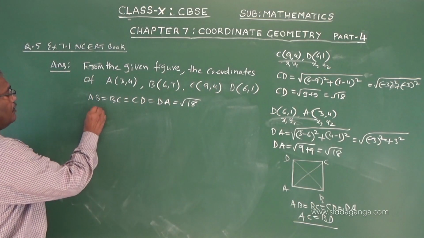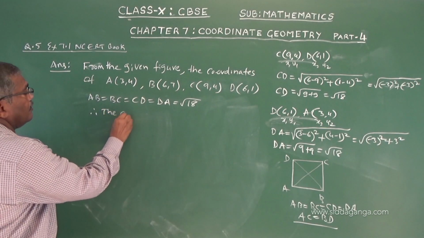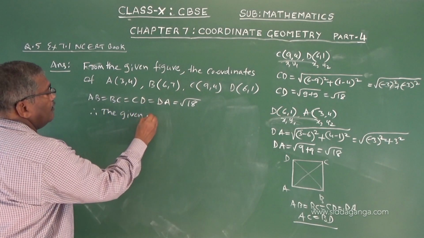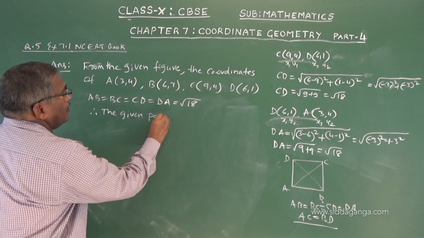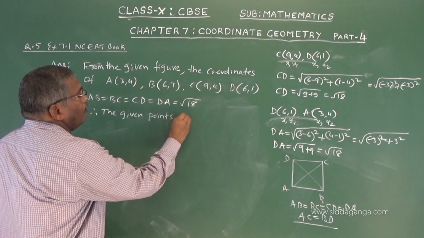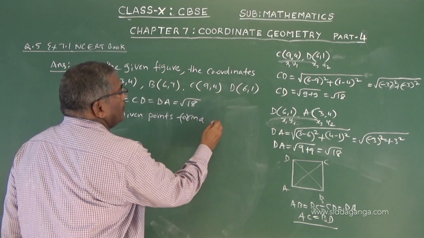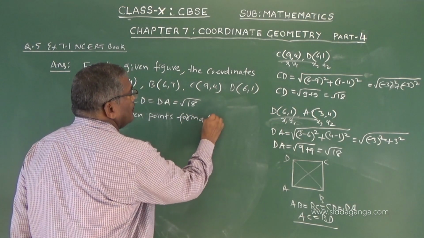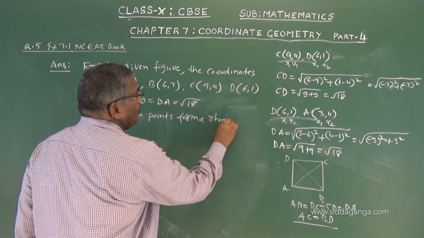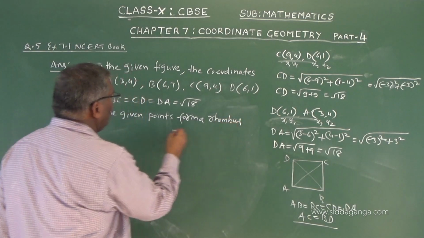Therefore the given points form a rhombus or a square.